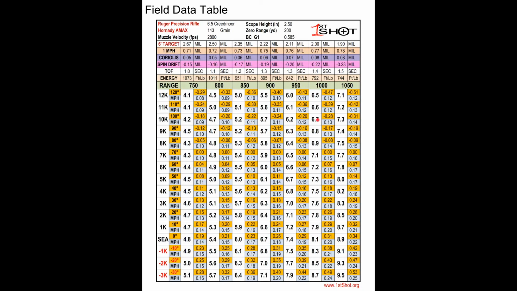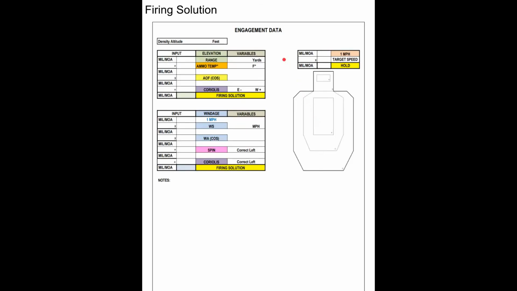So let's move on to building up the firing solution from that data table. For every single shot you build, you can build it inside the system. Make sure you don't miss a step. Now, for rapid engagements, you're going to have your own system set up.